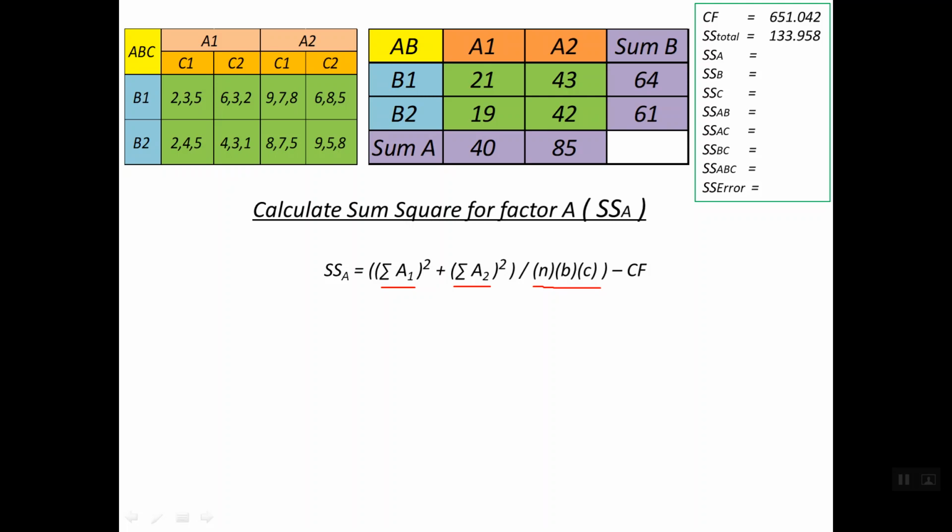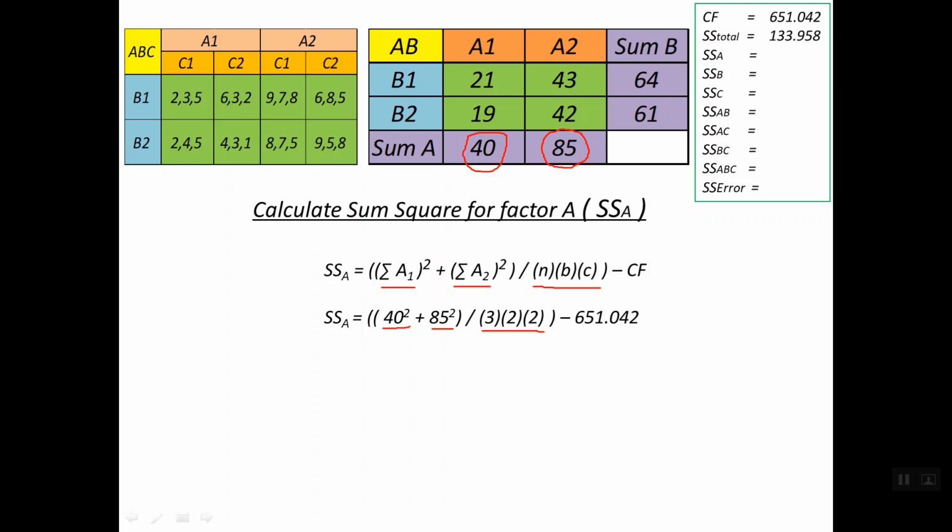A1 is equal to 40, and for A2 we have 85. So we square the 40 plus the square of 85, divided by 12.